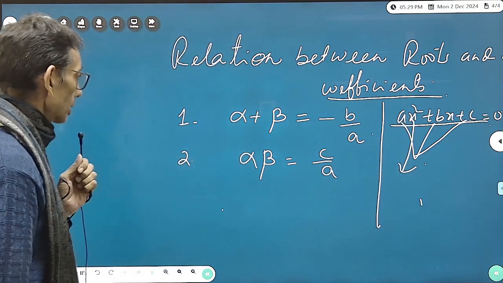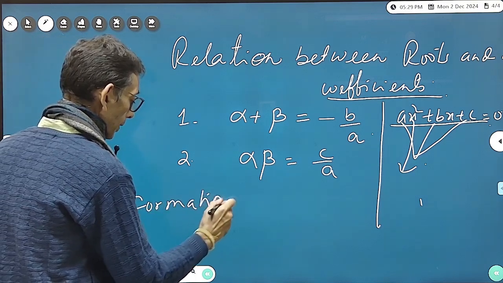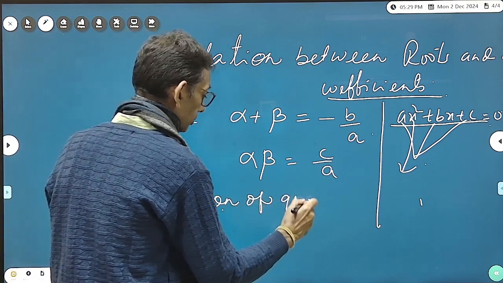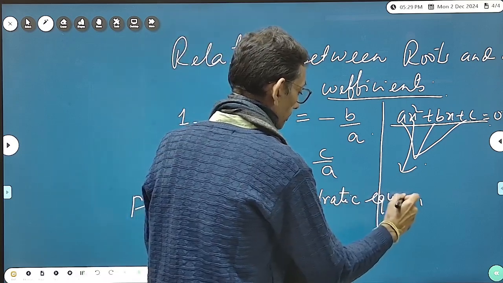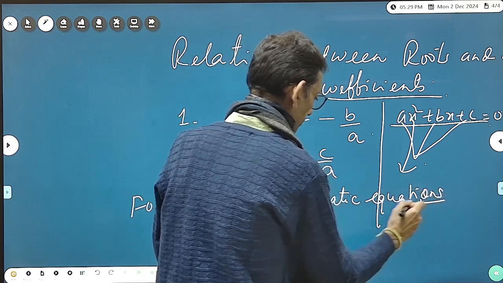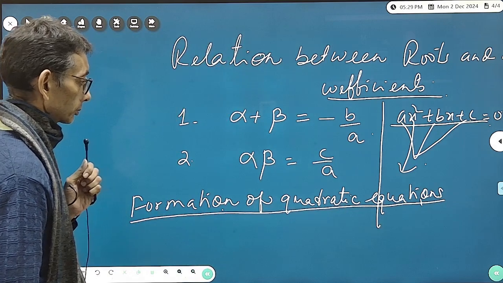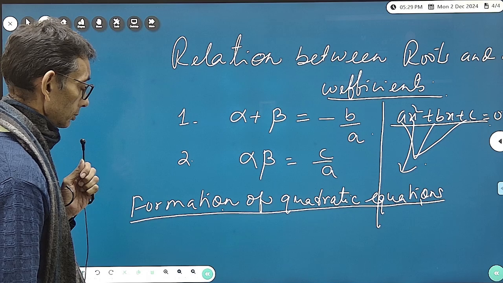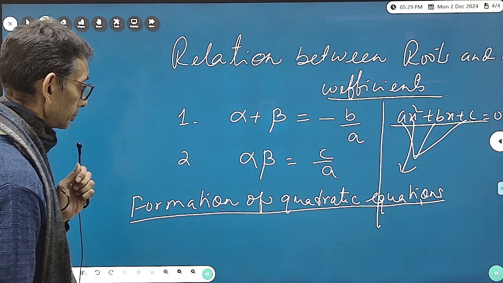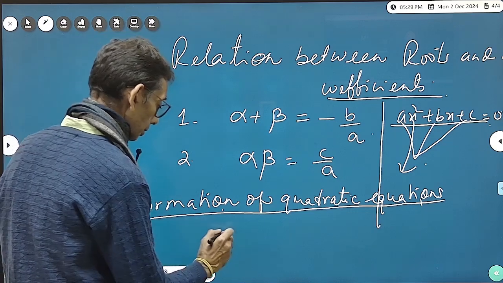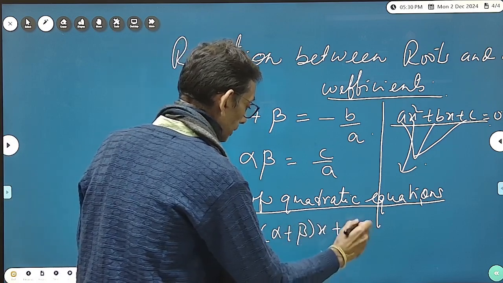Next, formation of quadratic equations. The quadratic equation is x square minus alpha plus beta into x plus alpha beta equal to 0.